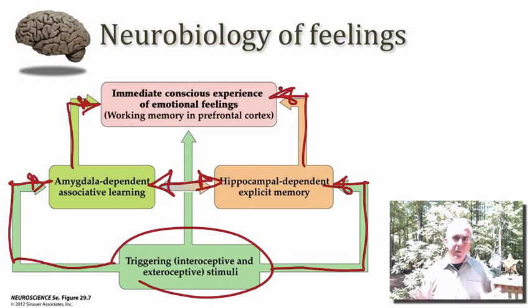So you'll recall that when we talked about working memory in the dorsal lateral portion of the prefrontal cortex, we described the activity of neurons that are maintaining representation of the goal that is motivating our behavior. Well, we think that something like that might be going on in the orbital and the medial sectors of the prefrontal cortex, where the object of implicit representation is being sustained in the activity patterns of this part of the brain.